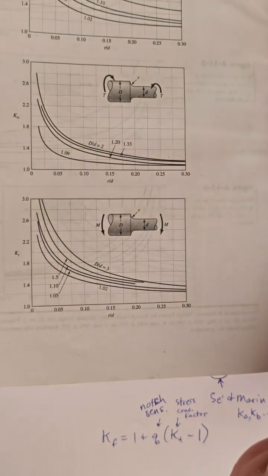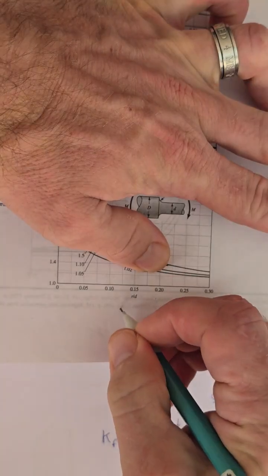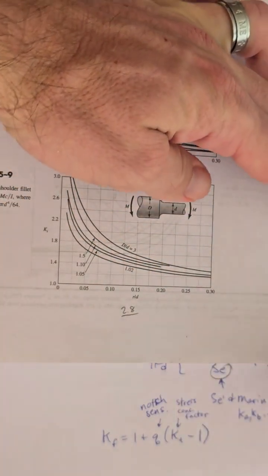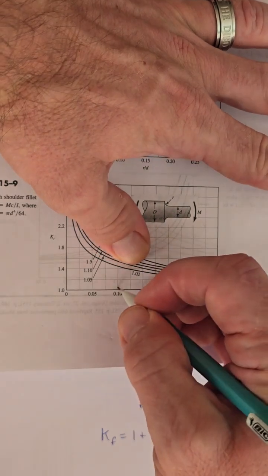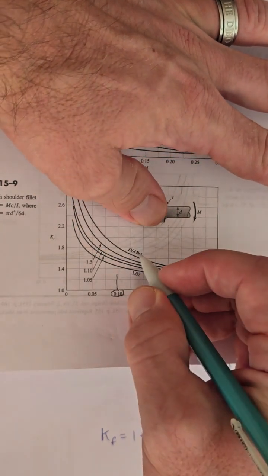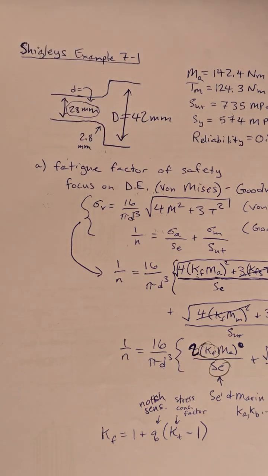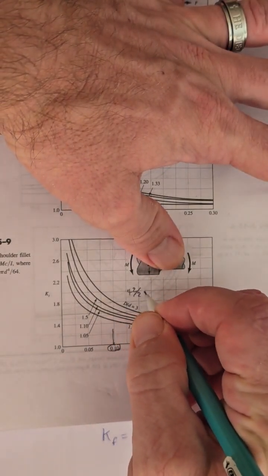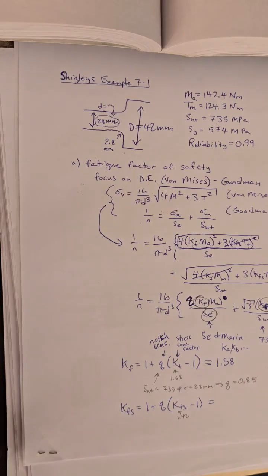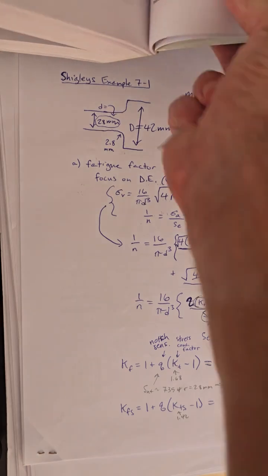What was our radius? We look back at the problem. The radius was 2.8 millimeters, and the little diameter is 28 millimeters. 2.8 over 28 equals 0.1. So we know we're starting here, we're going up, but where are we going? D over d, our big diameter is 42 and the little diameter is 28, so 42 over 28 is 1.5.